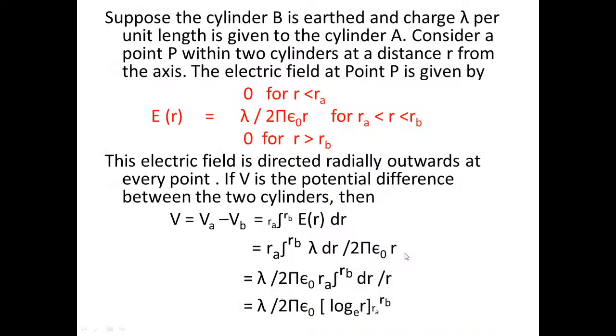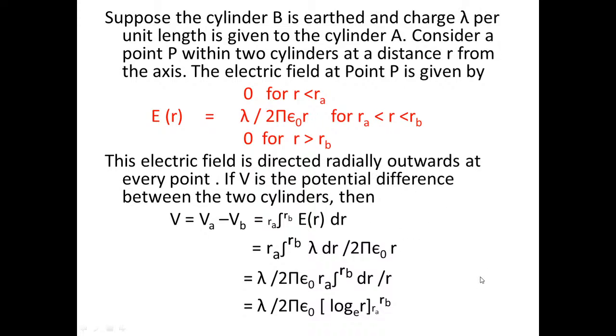That is, R is greater than RA and R is less than RB, where RA and RB are the radii of the inner cylinder and the outer cylinder of which the capacitor is made. This electric field is directed radially outwards at every point.